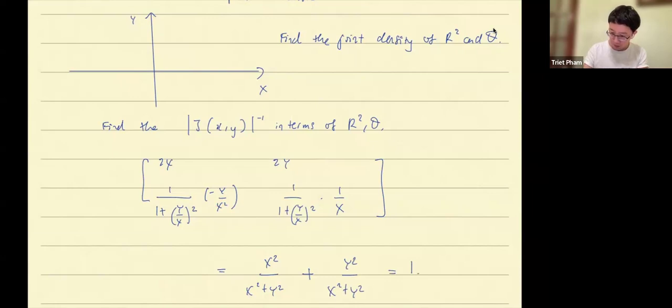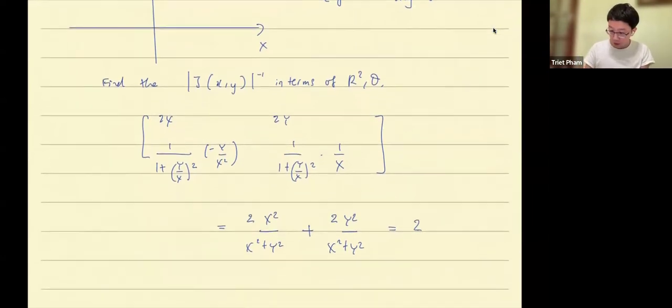Actually, sorry, so there's a 2. But it seems like the only thing that's left is a 2. Yeah, right. And of course, then the Jacobian inverse is a half.